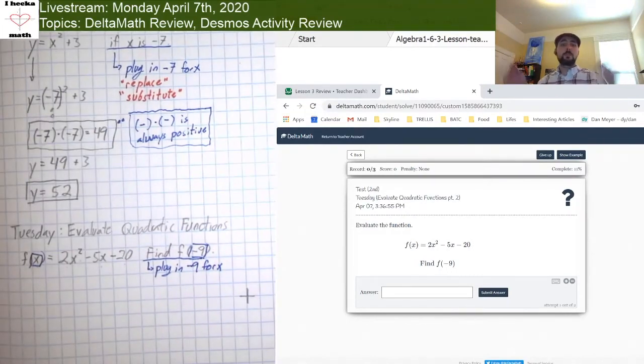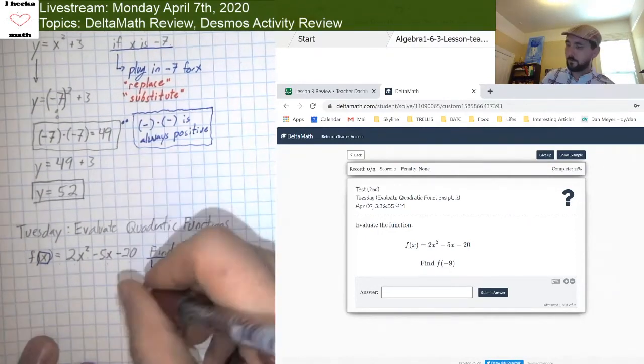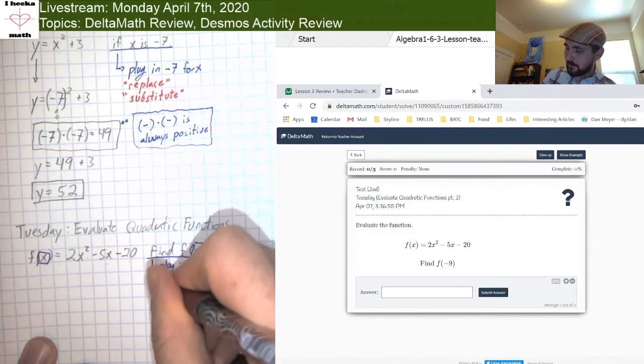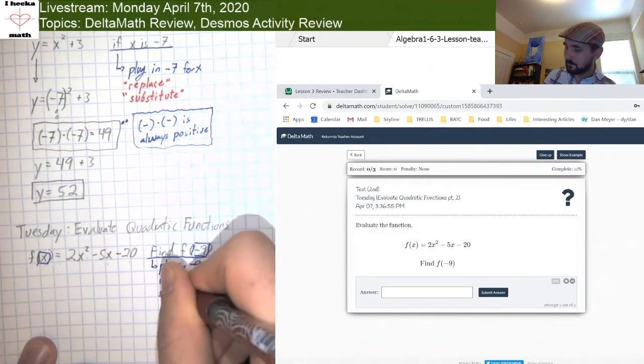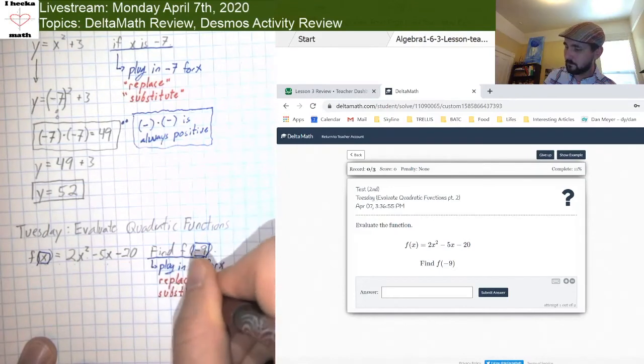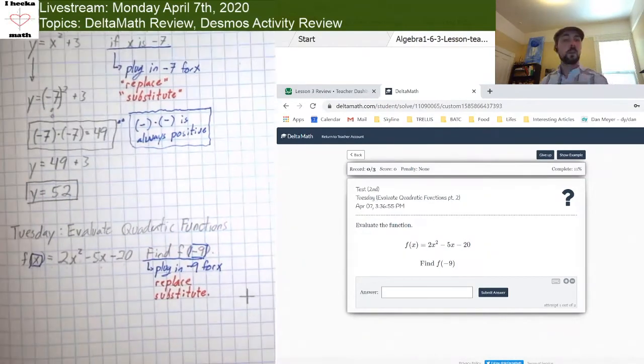We're still substituting, we're still plugging in, we're still replacing. No different. We're going to see the x's and replace them with negative 9s.